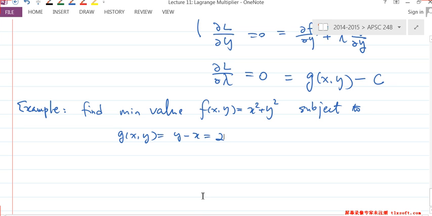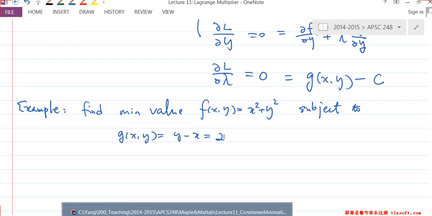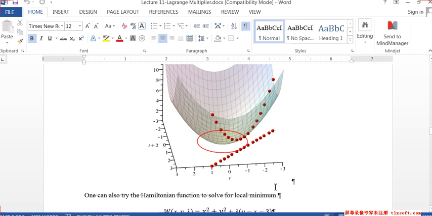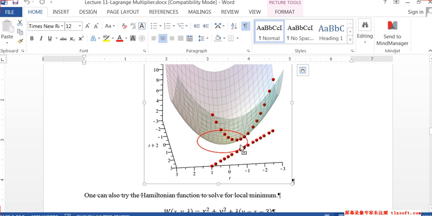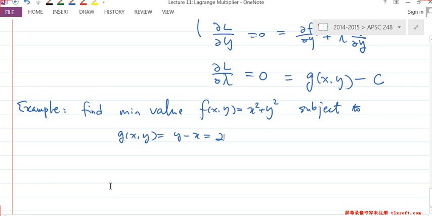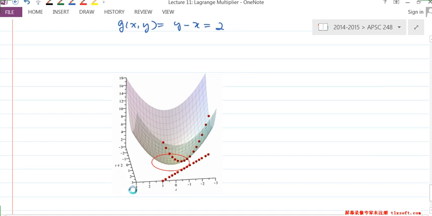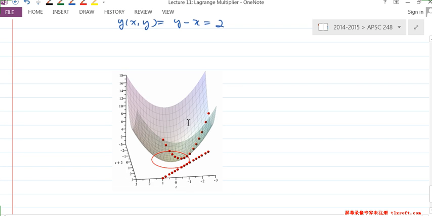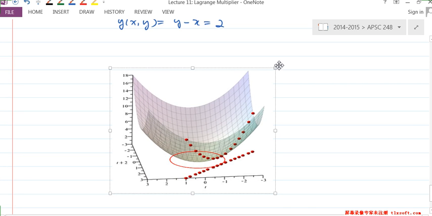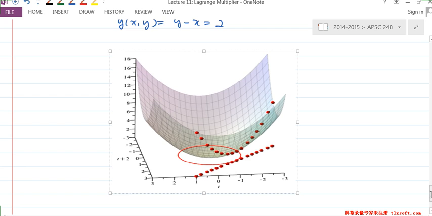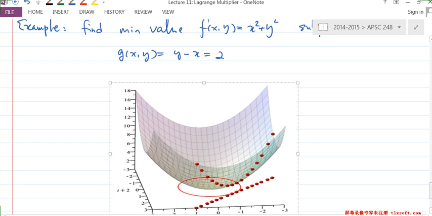Basically, for this particular one, this is a sort of graphical representation of what we're looking at here.